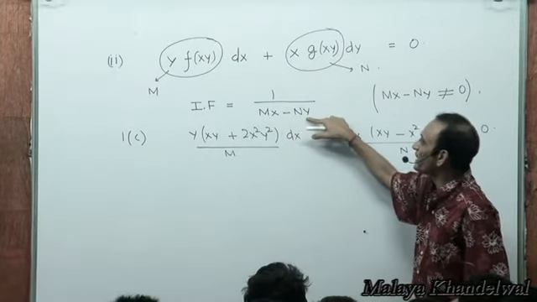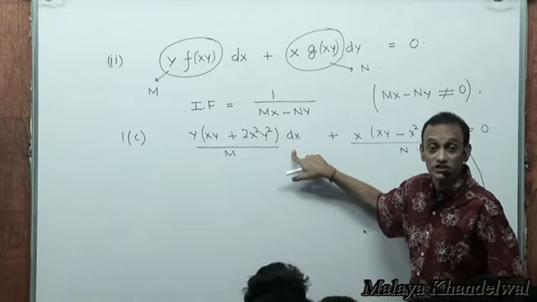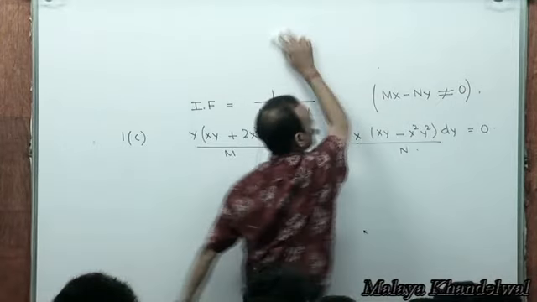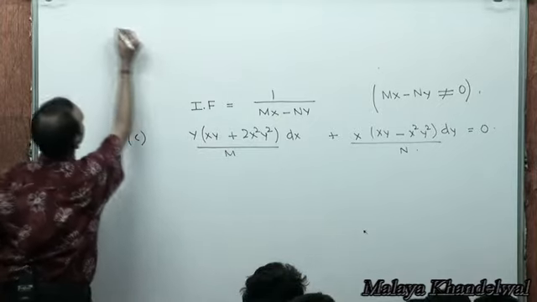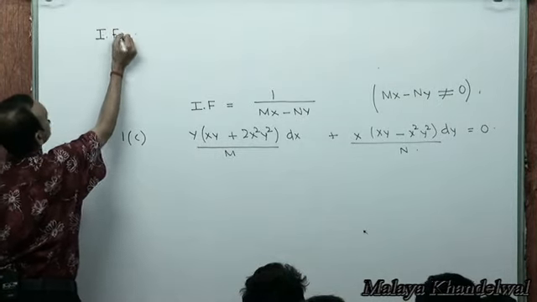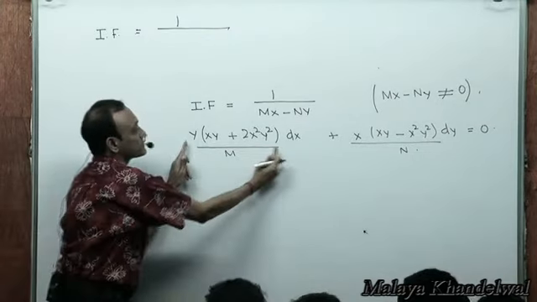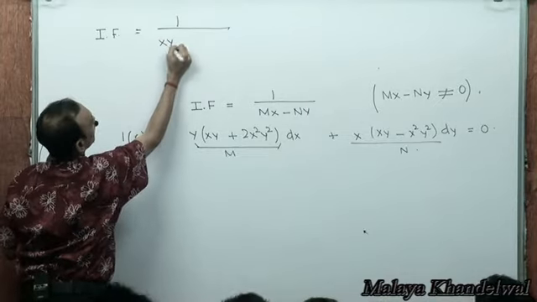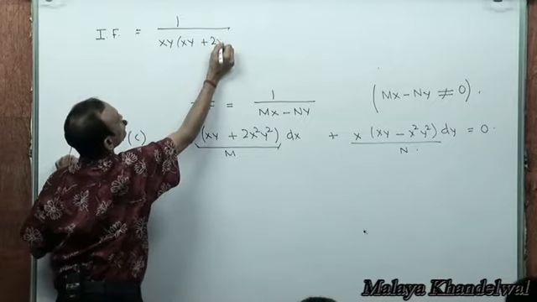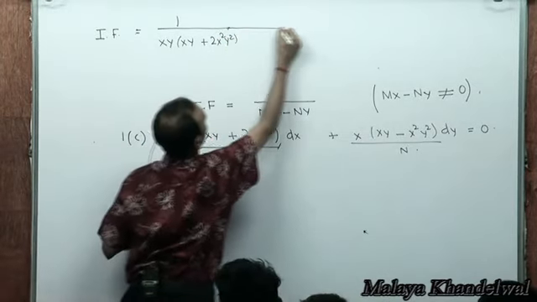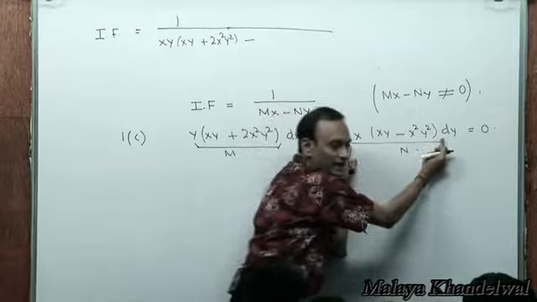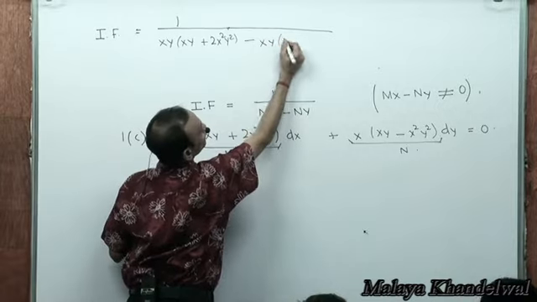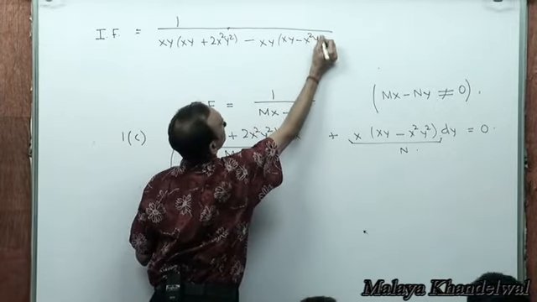So let me obtain 1 by Mx minus Ny, the integrating factor for this differential equation, and see what transpires. The integrating factor is going to be 1 by Mx, that means this into x, since this is my M, so xy into (xy plus 2x squared y squared), minus, this is my N, this into y, so xy into (xy minus x squared y squared).